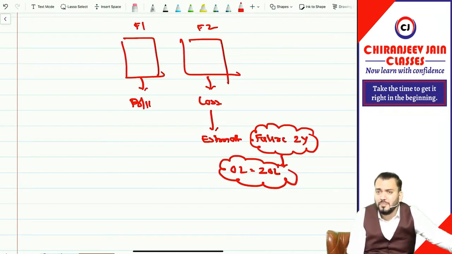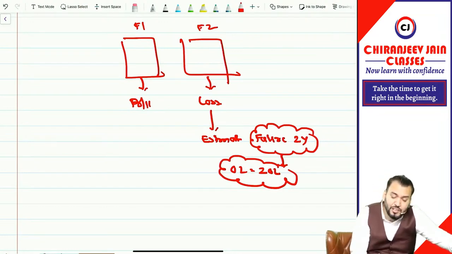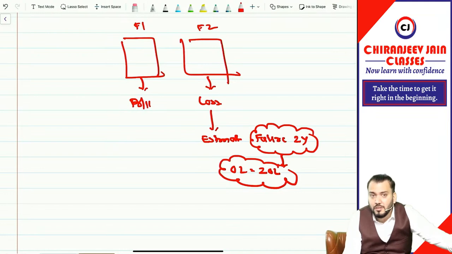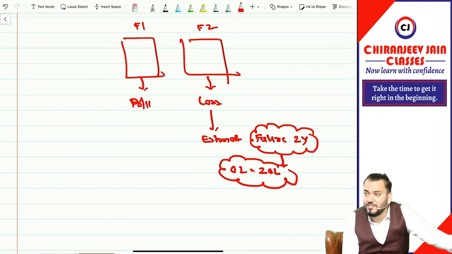Means you have estimated that if you continue Factory 2 for the 2 coming years, you need to incur a loss of 20 lakh. Understood? Example understood? This becomes future operating loss.